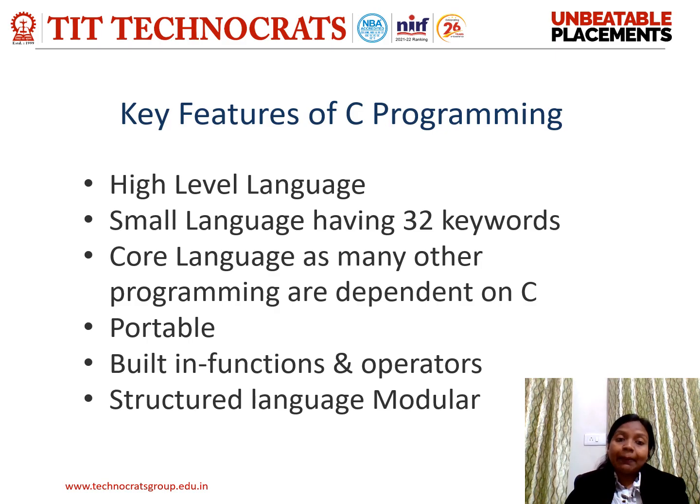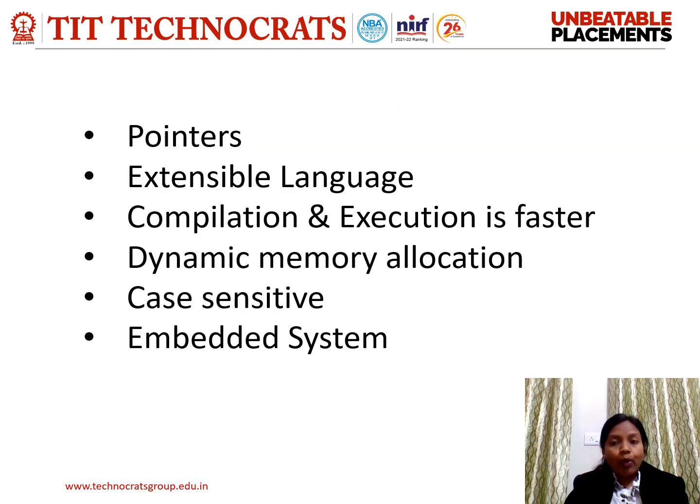It has many built-in functions and operators. Structured language, modular. Okay. It has pointers concept and is an extensible language. Compilation and execution is faster. Dynamic memory allocation, case sensitive, embedded system.